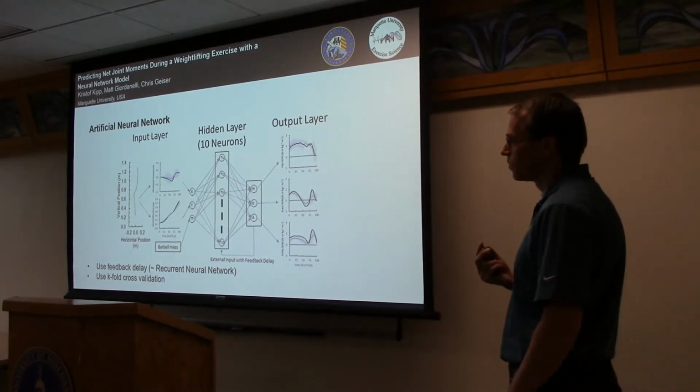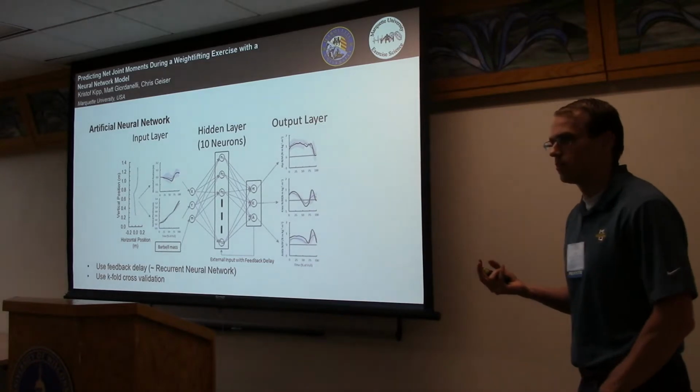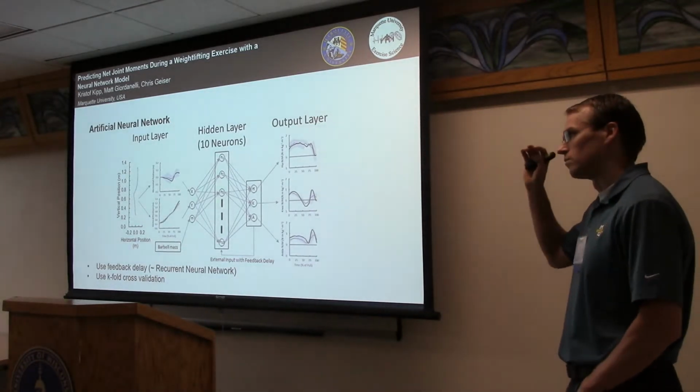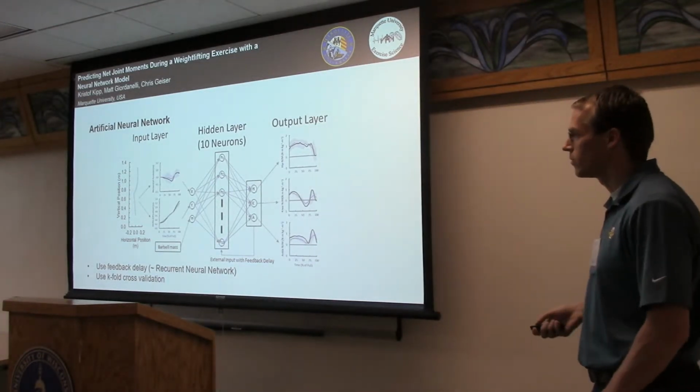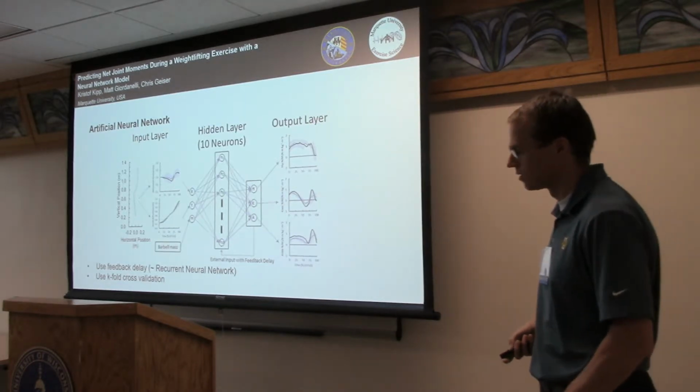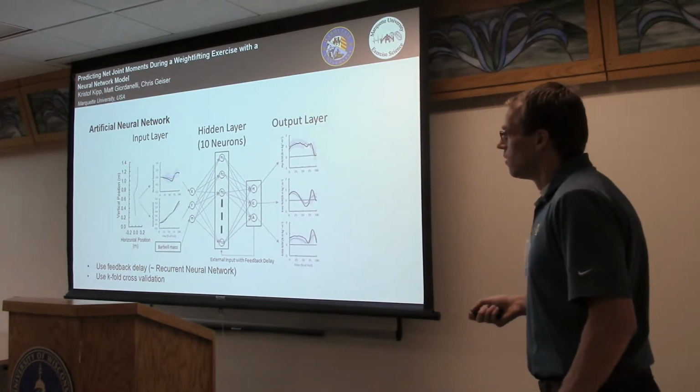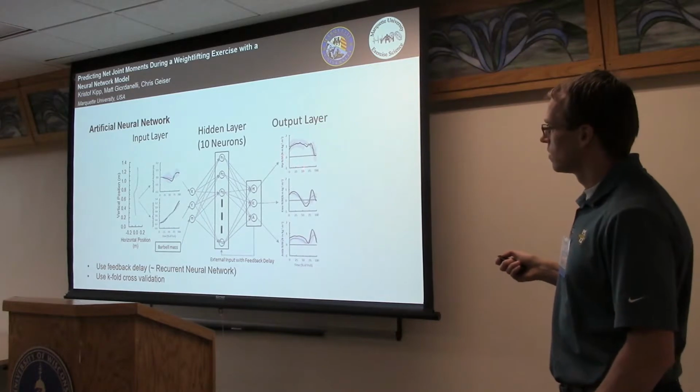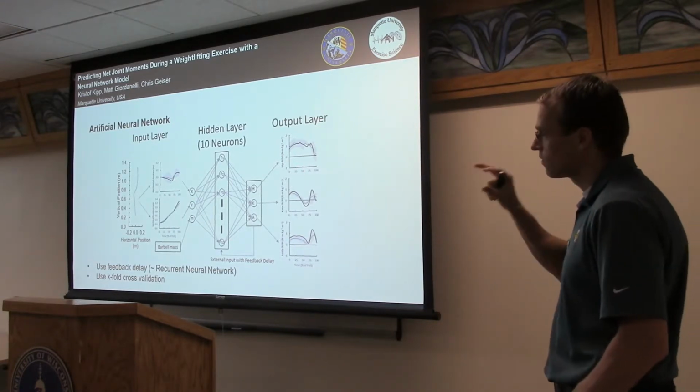And here, weightlifters are pretty hard to come by at very high caliber. So what we did is we used a K-fold cross-validation method, where basically what you see here is that we had a sample of 7 lifters.